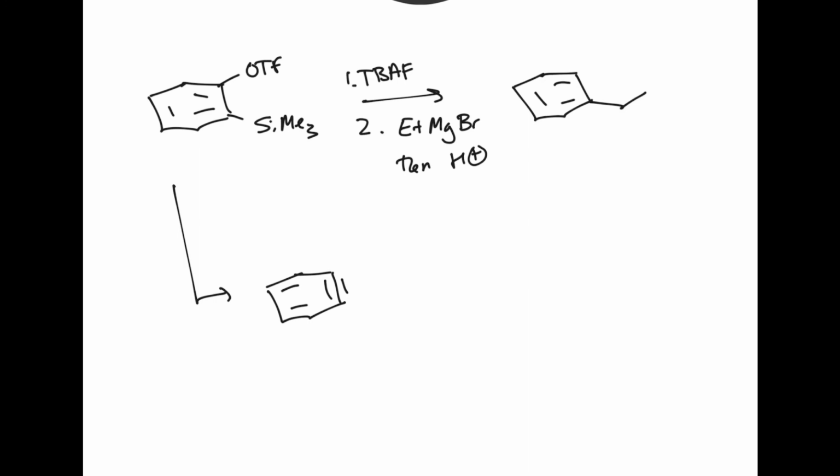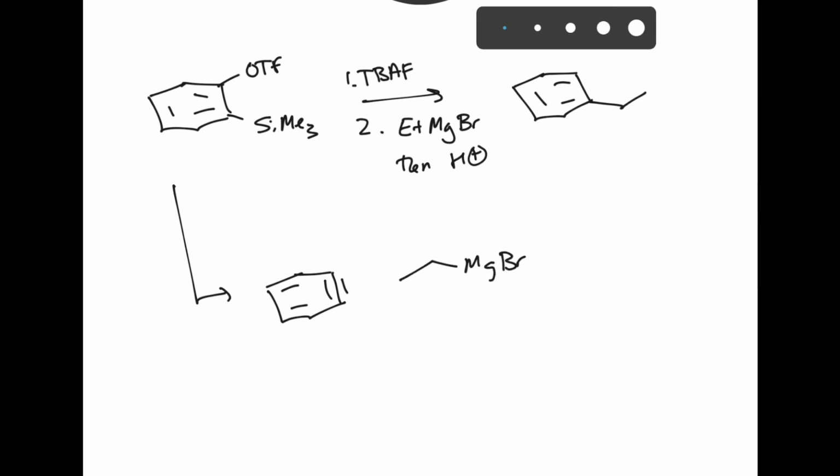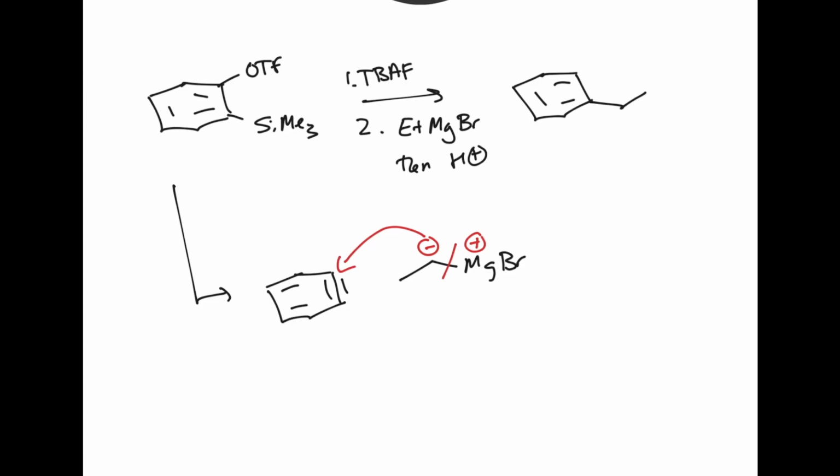and then methyl magnesium bromide, right? Or sorry, in this case, ethyl MgBr. Magnesium is a metal, so we can do our trick where we just say magnesium plus, carbon minus. That negatively charged carbon is going to add to the bottom, so I had drawn over there.